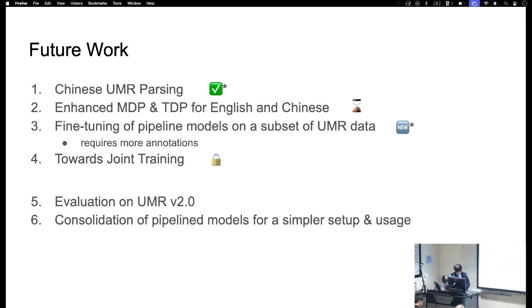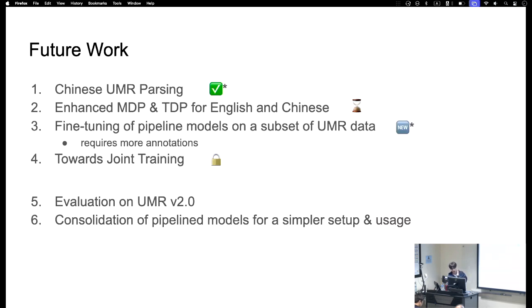Because previously, with these multiple things going on, especially with the aligner relying on outdated packages, I'm pretty sure I was probably the only one who could actually run it. But we are trying to move to a more consolidated setup, so that different people can have an easier time trying these out.